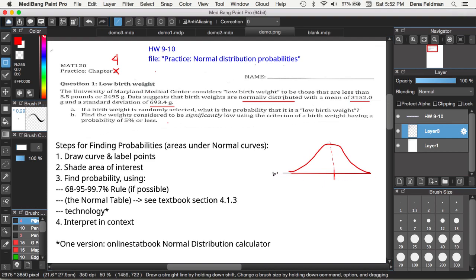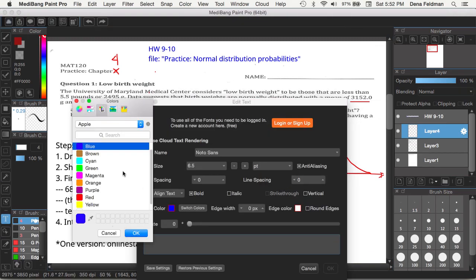If I were to look at birth weights, infinitely small birth weights going that way, infinitely large birth weights going this way, then what would be the smallest birth weights? What would be the biggest birth weights? Well, the center of all birth weights, the average birth weight, would be 3,152 grams. Let's type that in, 3,152 grams.